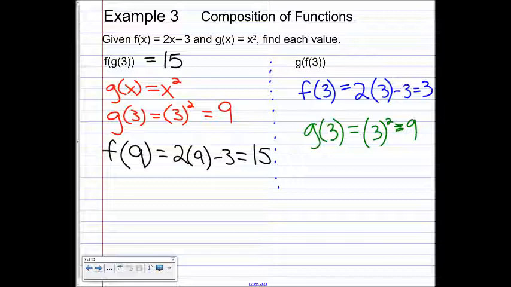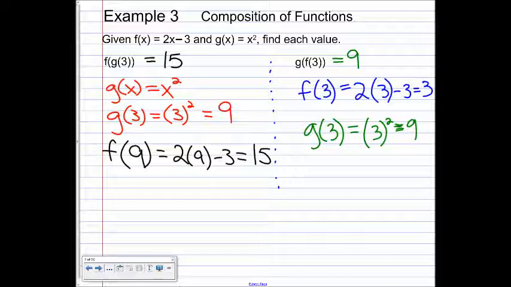It is 9. Guys, that's called composition. Whatever you want to think of it, I always think inside out. Inside piece first, then plug it into the outside. Inside out.